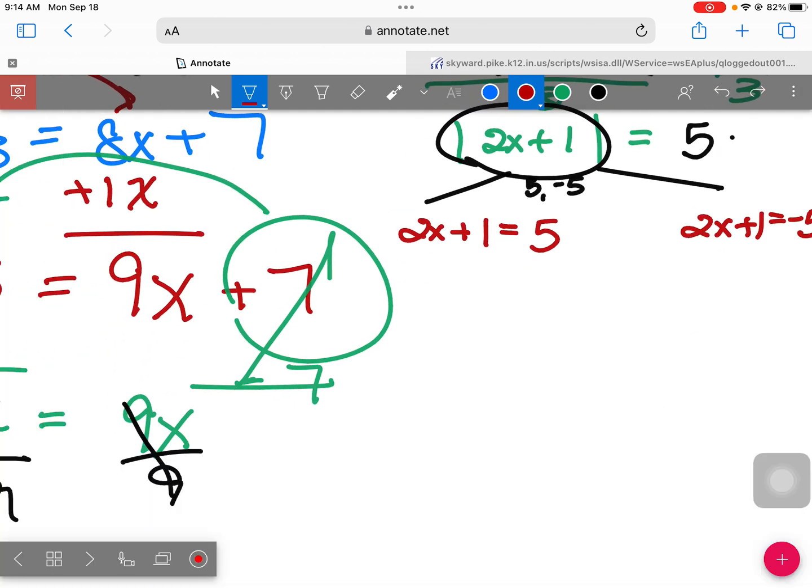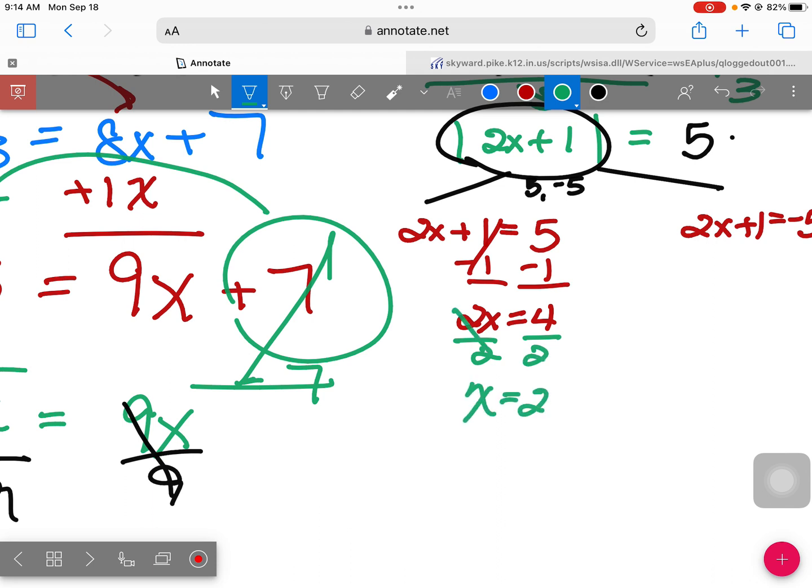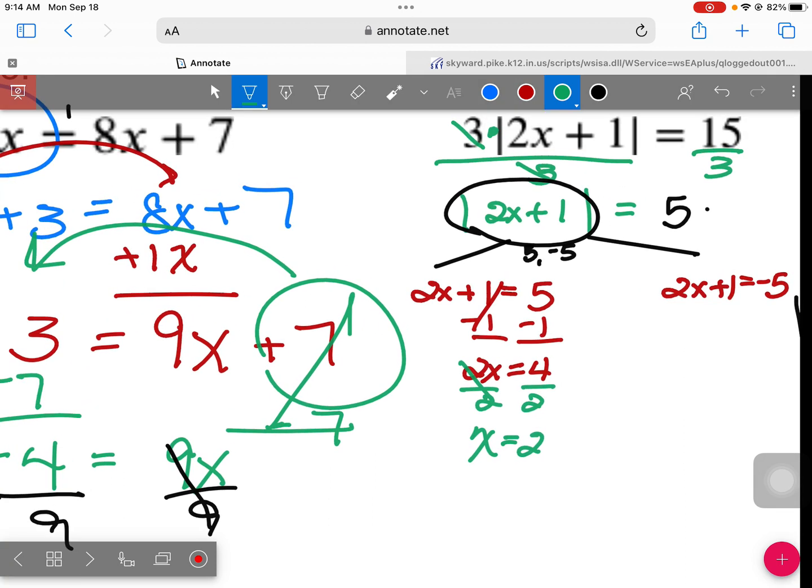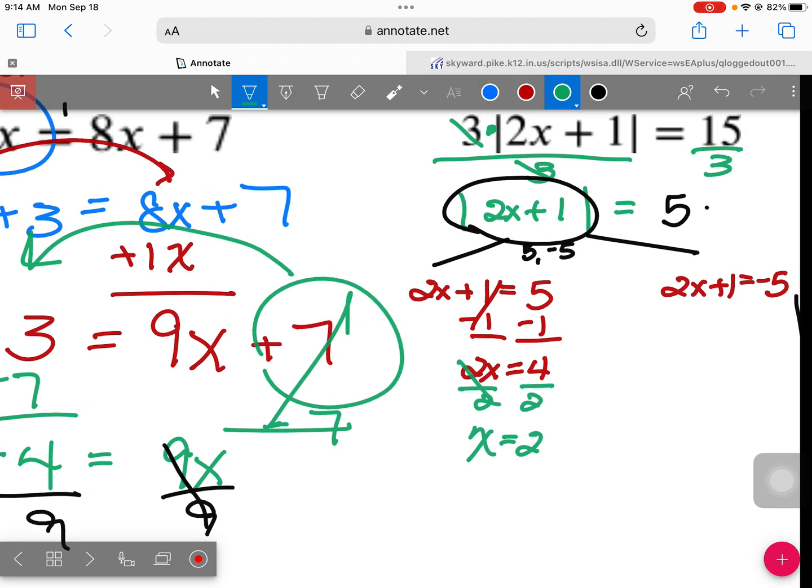Solve for x. So subtract 1, 1's cancel out. 2x is equal to 4. Divide by 2, divide by 2, x is equal to 2. On the other side, it's kind of close way over there.